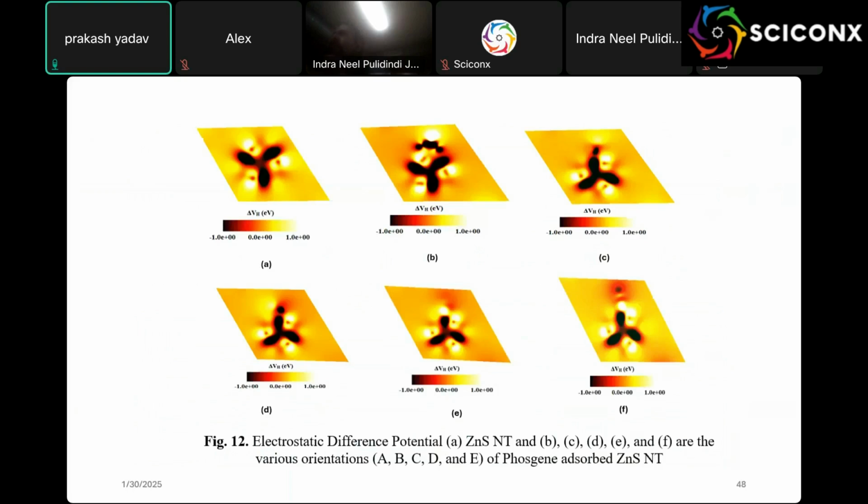And the conclusion of this work is a chemical sensor for detecting hazards. It is good for Faustian molecules, and the interaction of Faustian gives a 50% reduction in the band gap, and it shows high sensitivity and selectivity.